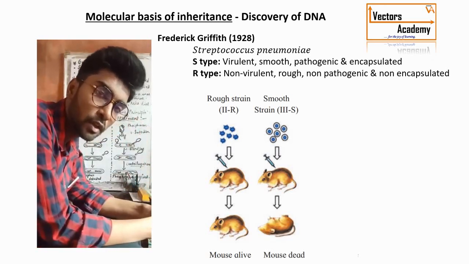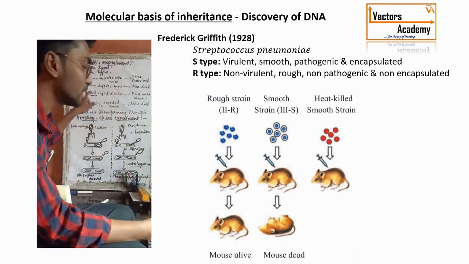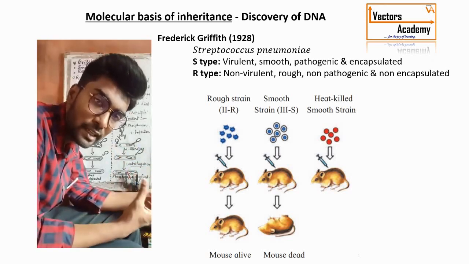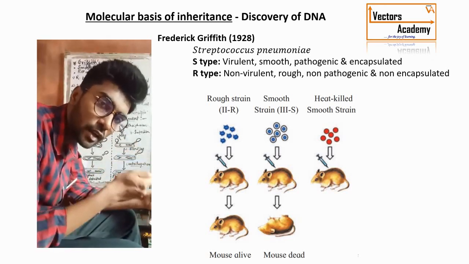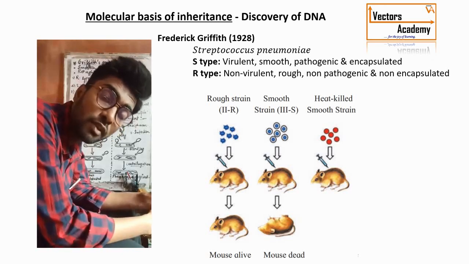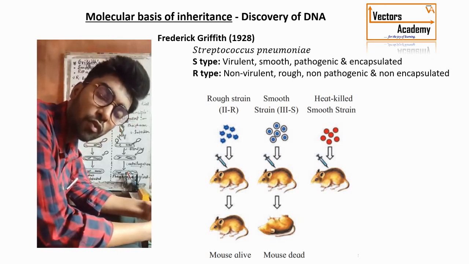Now the third observation was that he took heat-killed S type bacteria, right? Heat-killed S type bacteria means the S type bacteria was heated up, and that heat-killed S type bacteria was injected into the mice, and the observation says that the mice did not develop pneumonia and finally was alive.